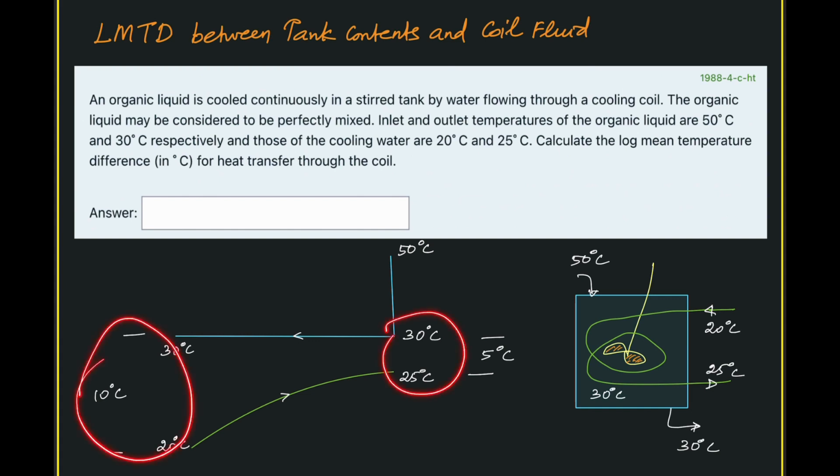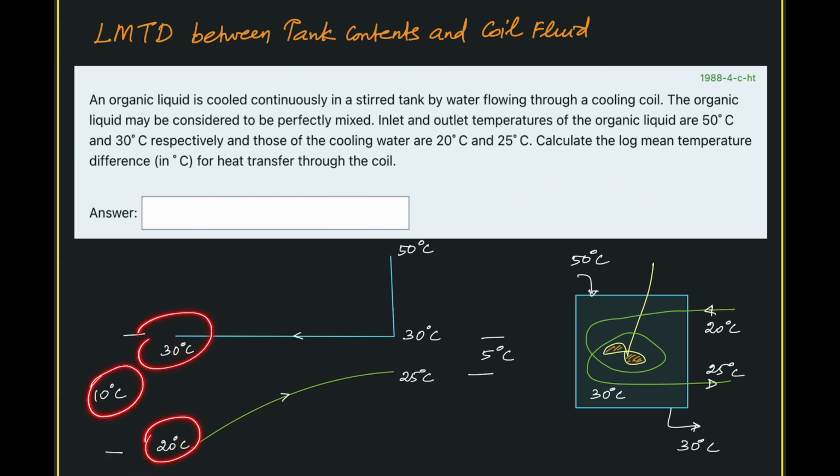So the temperature difference at the left end is 30 minus 20, which gives 10 degrees Celsius, and at the other end the temperature difference is 30 minus 25.